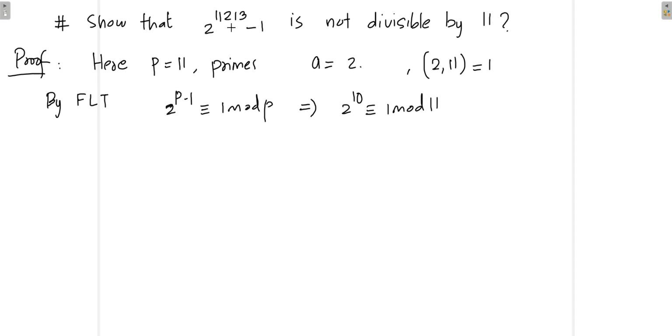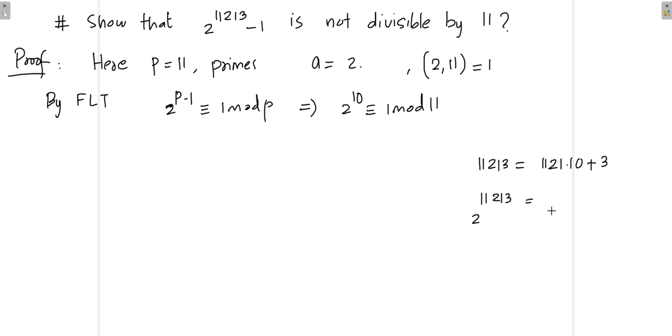നമുക്ക് 2 raised to 11,213 വാല്യൂസ് ആണ് കണ്ടുപിടിക്കേണ്ടത്. സോ 11,213 should be equal to 1021 times 10 plus 3.